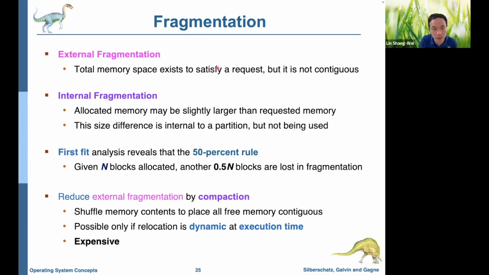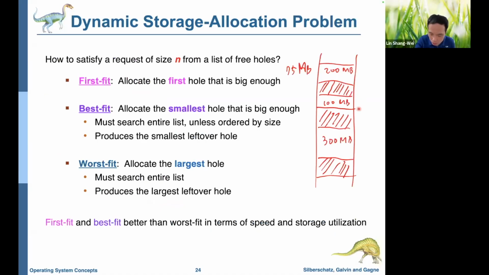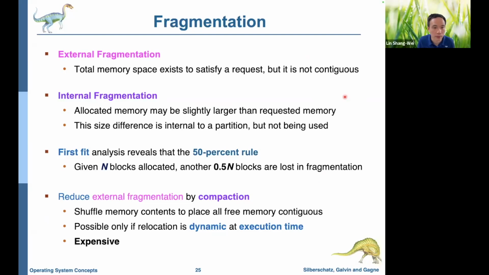Internal fragmentation is that the allocated memory is bigger than the requested. For example, if you allocate 100 to a 75 process, we have 25 megabytes of internal fragmentation.